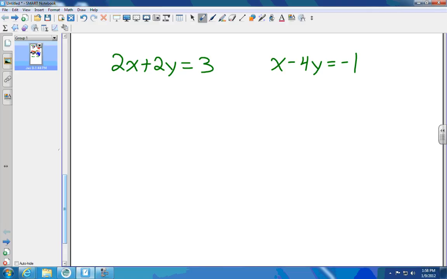How many variables do we have up there? 4. How many would be good to solve for? Just one. What is it? In which equation? The second one. So in this problem, we're not going to do anything with this one yet. It's going to be kind of backwards what we've been doing. So in this case, we're going to solve for this x. It's the only one that's got a 1 in front of it.